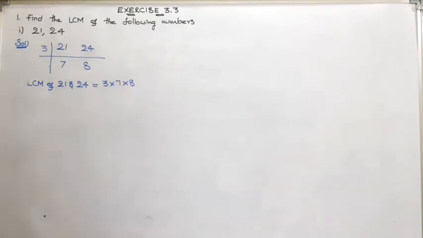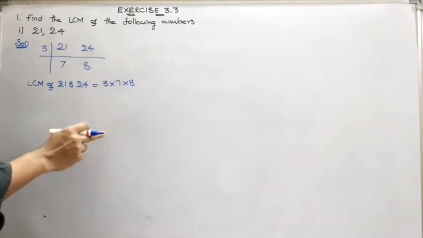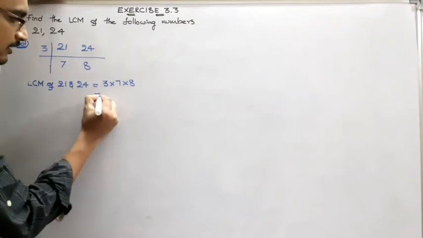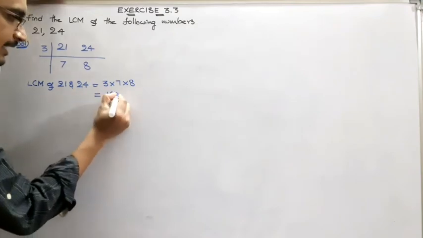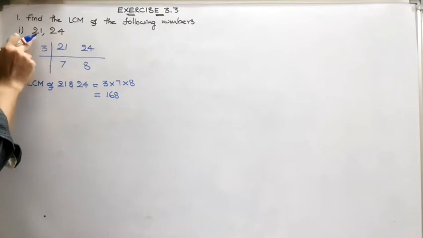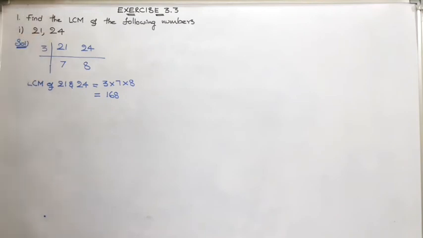So 3 sevens 21, 21 eights 168. So 168 is the LCM of the numbers 21 and 24. I hope you are quite clear with this. The next two problems I want to give you as homework for today, with only 2 digit and 3 digit numbers.